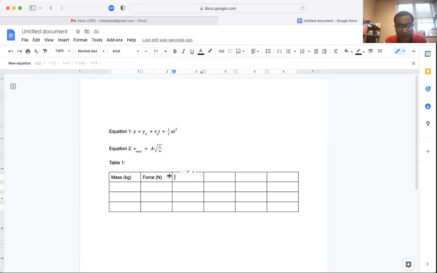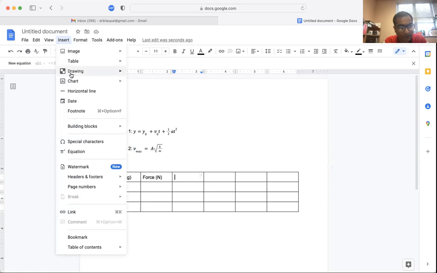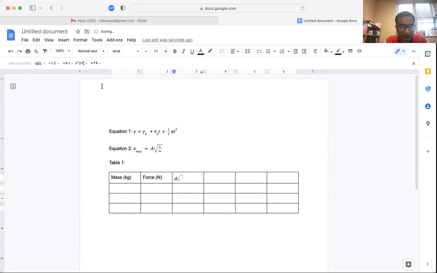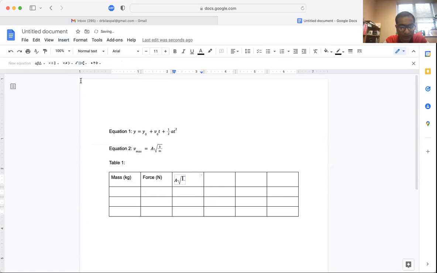For example, I want to write v max, or A over square root of k by m here. I can either copy this and paste it here, or write another equation here by inserting an equation, k by m. Let's say the unit for this one is meter per second.